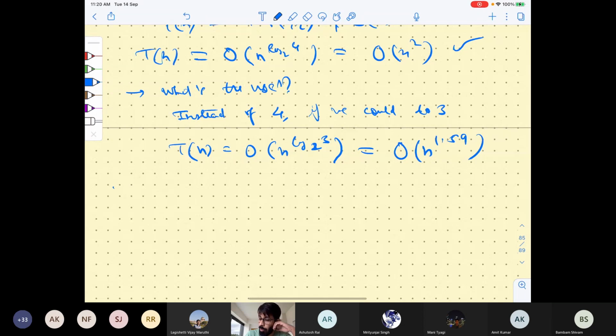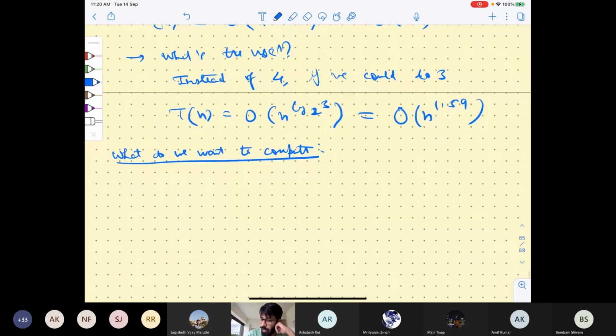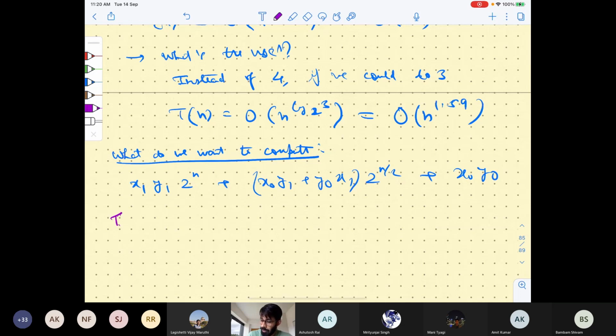So let's look at what we want to compute. We want to compute again x1 y1 times 2 to the n, plus x0 y1 plus y0 x1 times 2 to the n over 2, plus x0 y0. This is the number that we want to compute. Now, what is the trick here? You have to apply some trick.